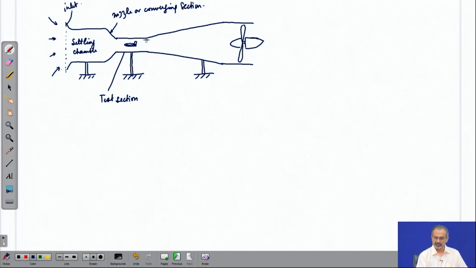Additionally, by the time the flow reaches this test section, it is also free from disturbances as far as possible, based on how well the flow has been treated inside the settling chamber. There are a lot of fine meshes which are put inside the settling chamber, which makes the flow very quiet.